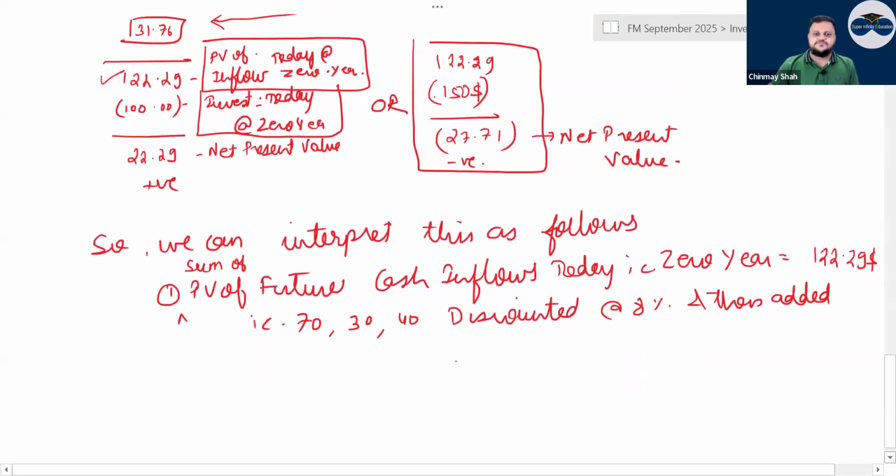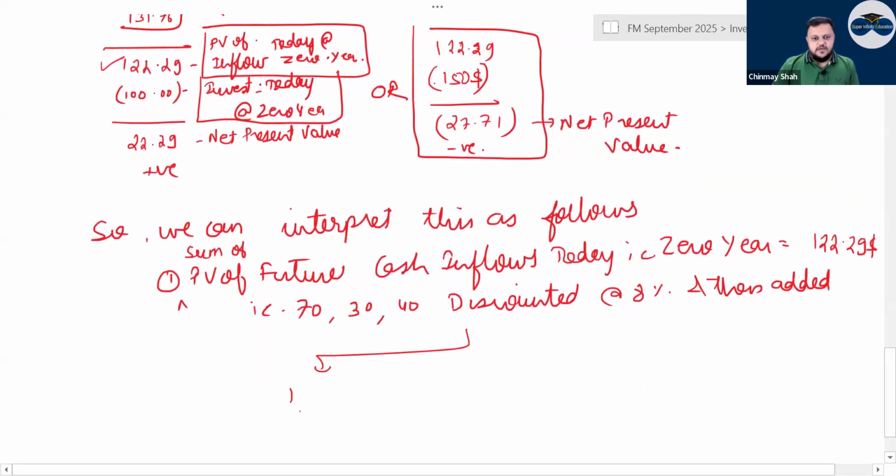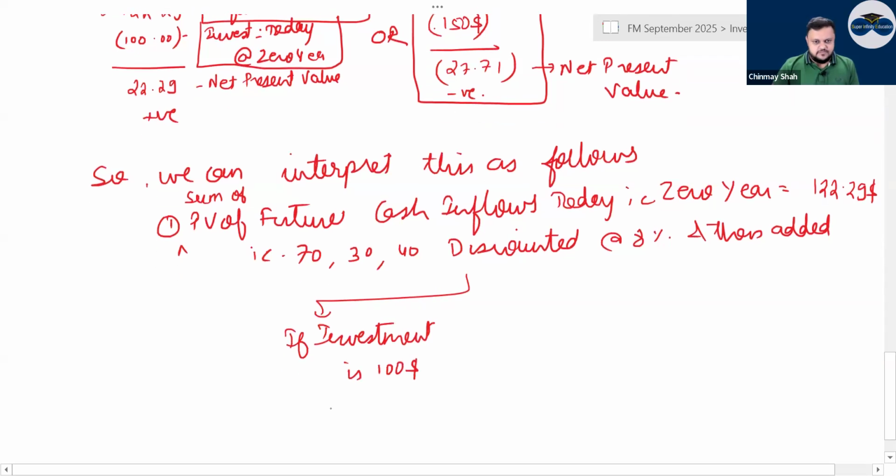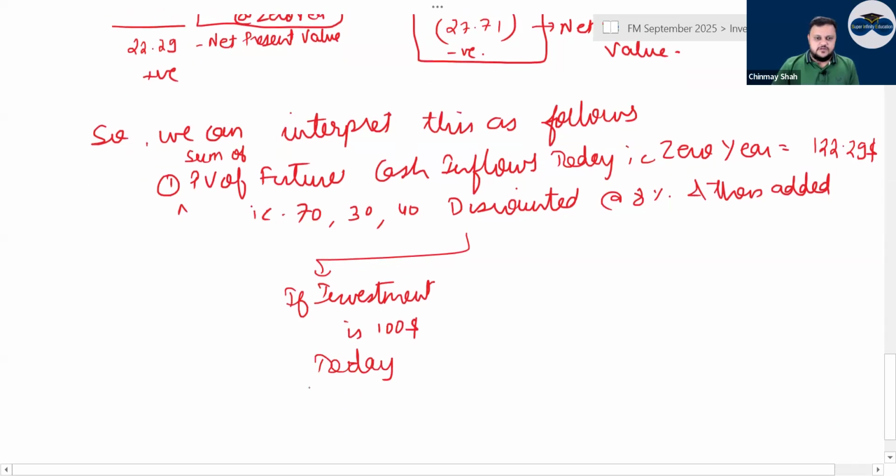If the investment is $100 today, you will have a net present value, NPV, of how much?